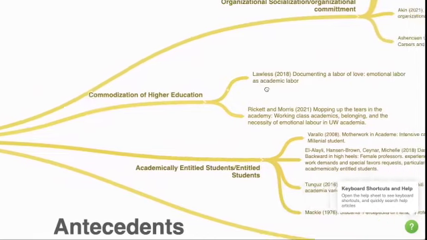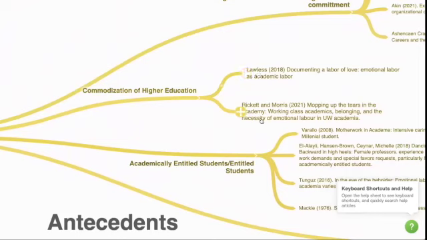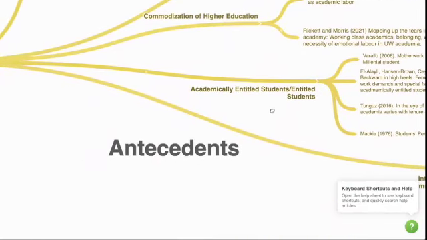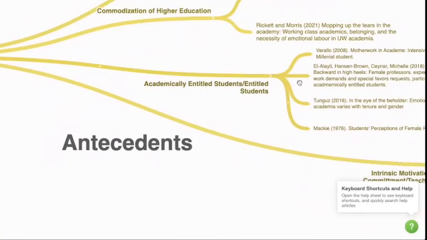And in this graphic, I am actually going ahead and adding on the resources or the references that I want to be using to make this sub point. Another answer to this question might be academically entitled students or entitled students.